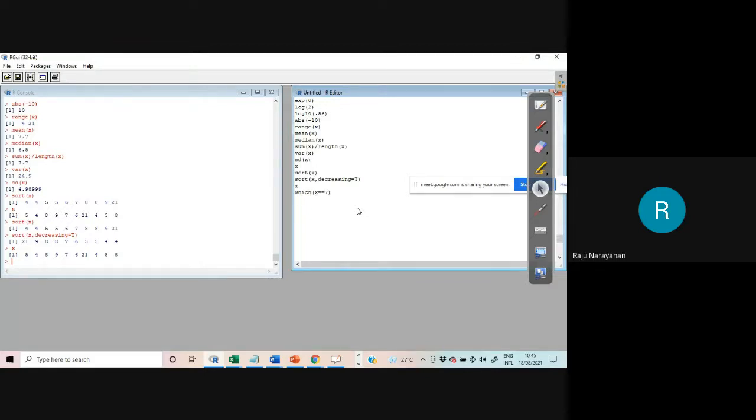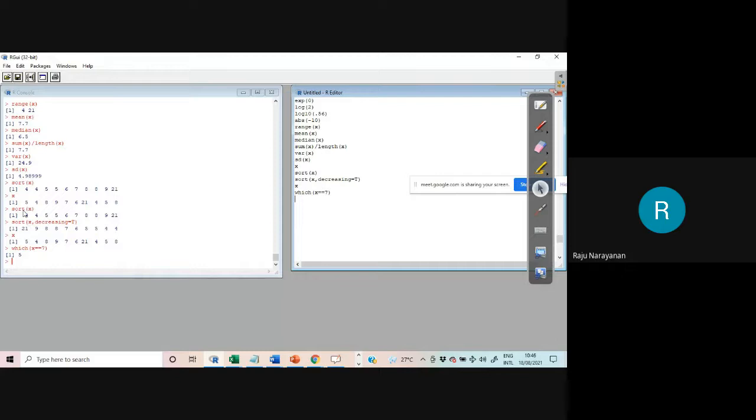Which x equals 7 means: what is the index? What is the position of 7 in the vector x? That's the meaning. You please see, 5 is in the first position.